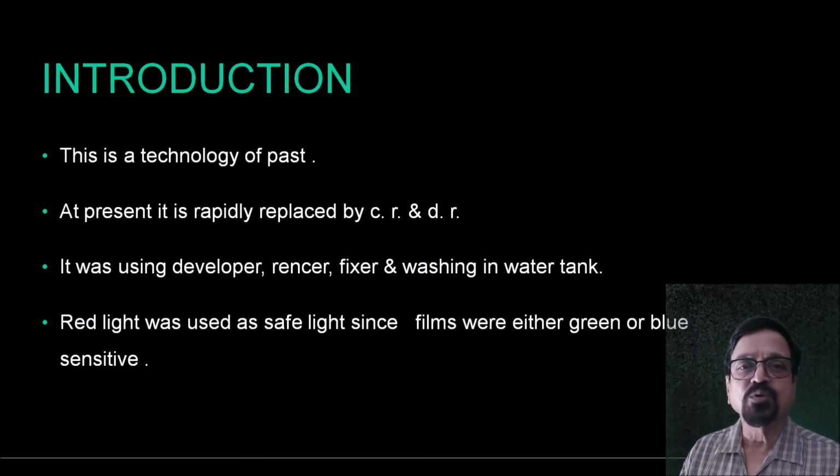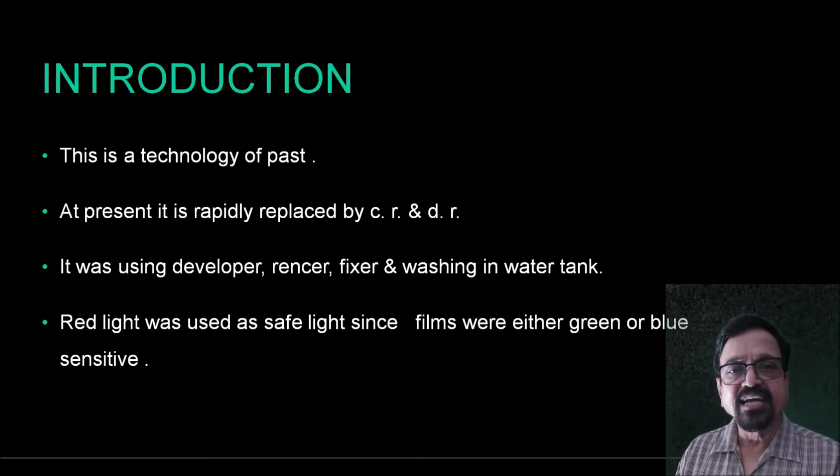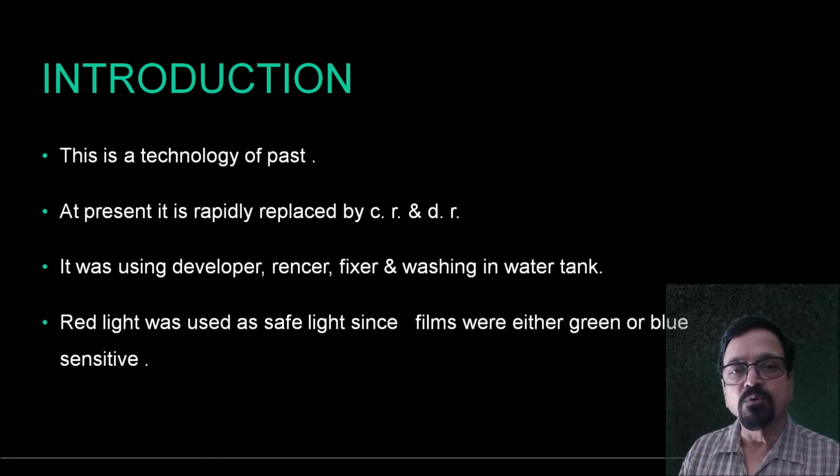Fogging is something which we don't want, but still it comes on the film. That will happen and it will obscure the details which we really want. So a darkroom should have a safe light. Darkroom should have illumination so that we can work, but it should not be either green or blue. So it was usually a red color that was used.